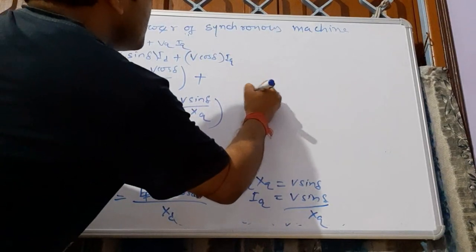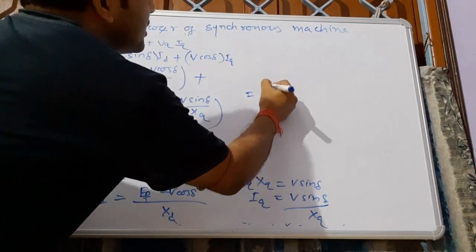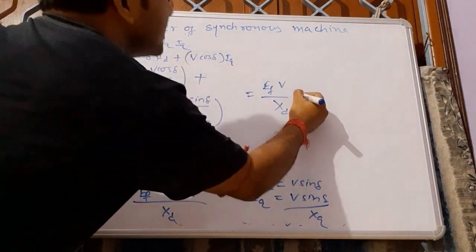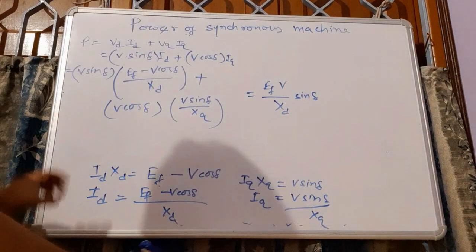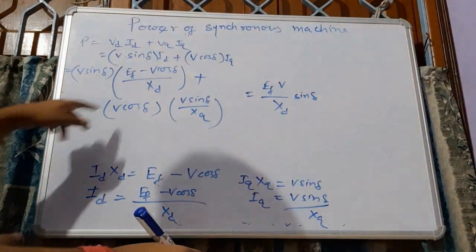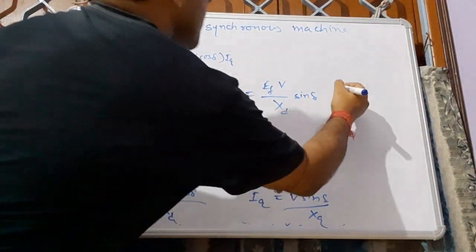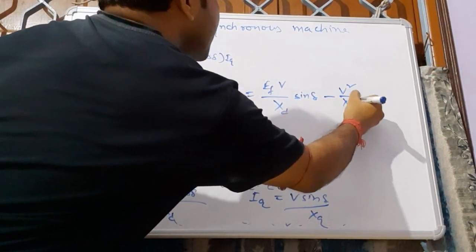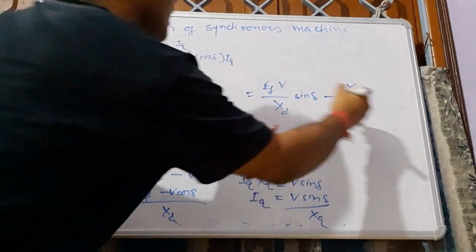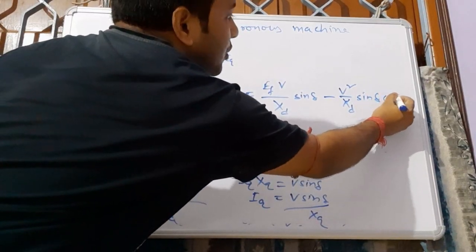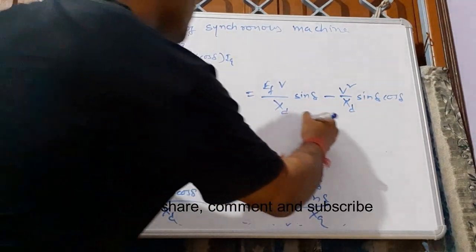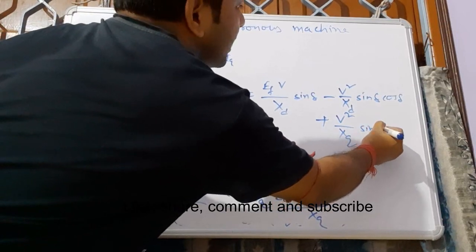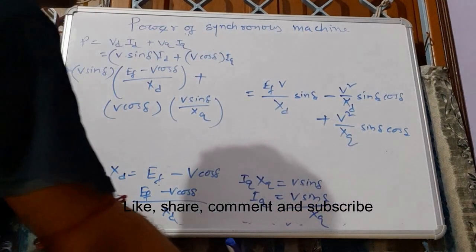This will be equal to EF V by XD sin delta, minus V square by XD sin delta cos delta, plus V square by XQ sin delta cos delta.